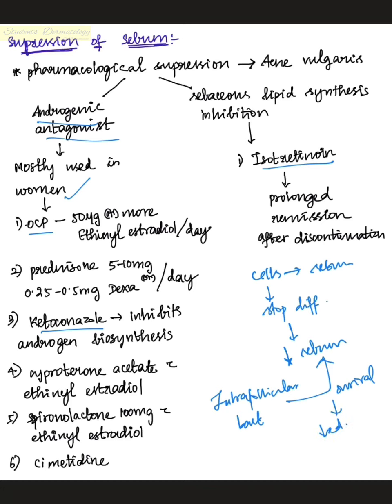Hence, isotretinoin is also mainly used in treatment resistant acne. Another important advantage is that even after discontinuation of isotretinoin, the intrafollicular bacteria increase in number only very slowly. Hence, it helps in prolonged remission after discontinuation.